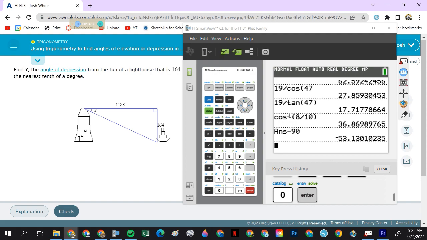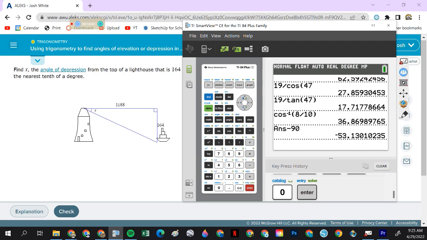So in this problem, you are in a lighthouse and you are, what unit is this in? You are 164 feet above the ocean, and you are 1,188 feet from the boat. What angle would you have to tilt to see where the boat touches the water?